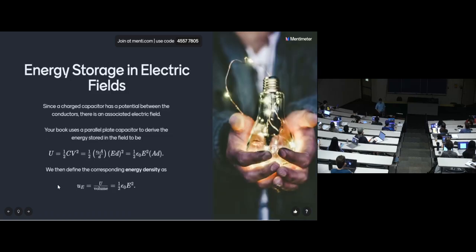So, since a charged capacitor has a potential across the conductors, there's an associated electric field.